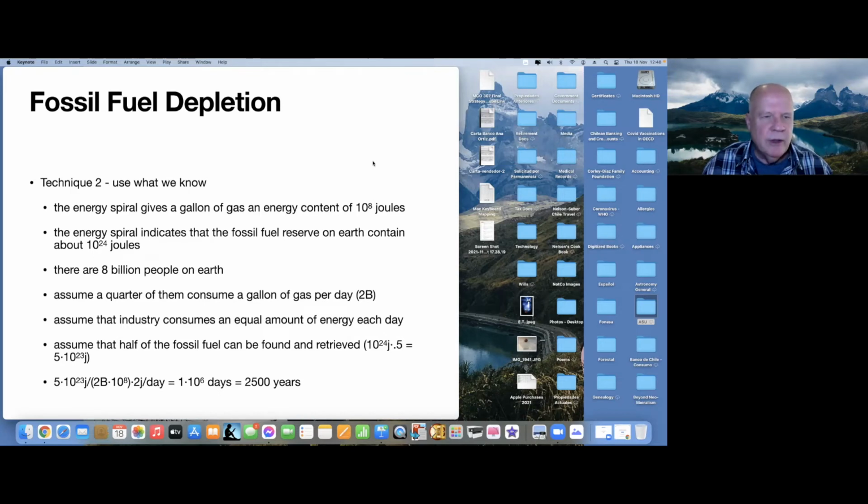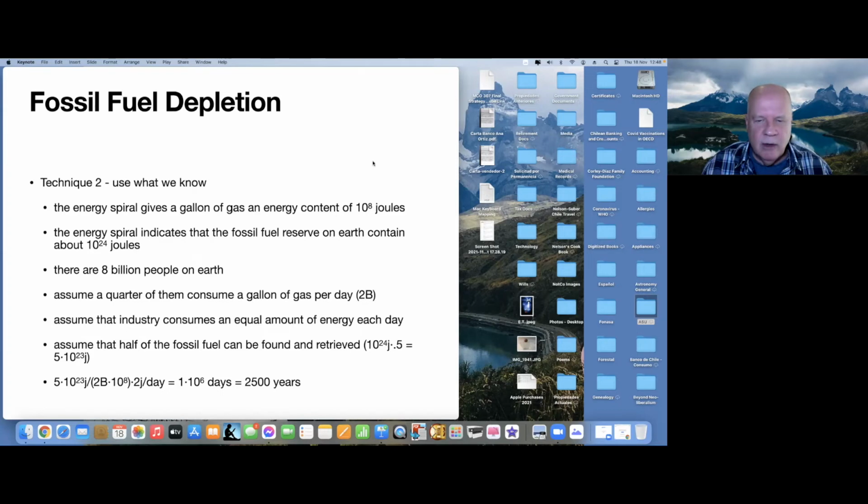So we know that there's a lot of energy in the fuel reserves, but I'm assuming that only about half of that can be found and retrieved. That's simply because things can lie in very strange places, deep under the oceans and areas where we haven't been able to get to before, and in other locations maybe we just haven't been able to locate the resource, or maybe it's just too difficult to get it out.